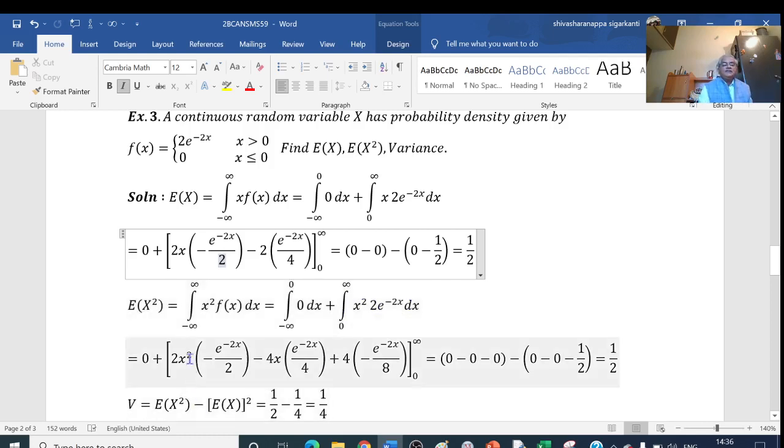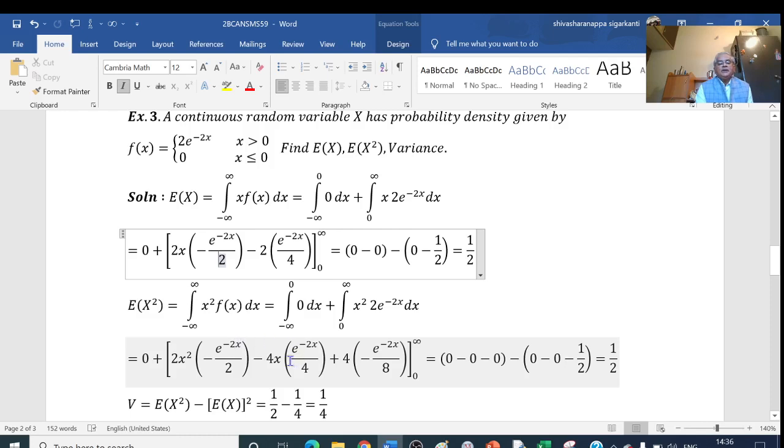So I write the first function as it is, 2x² as it is. Integration of e^(-2x) is e^(-2x) by minus 2, that is minus e^(-2x) by 2. Next write a minus sign. The derivative of 2x² is 4x, into the integration of this: minus 1 by 2 as it is, and the integration of e^(-2x) is e^(-2x) by minus 2.